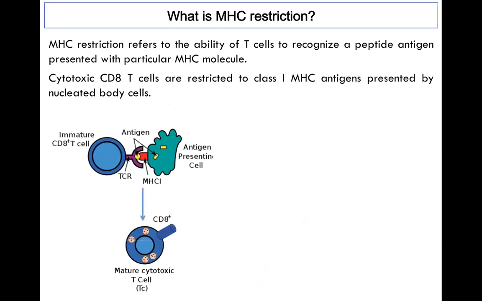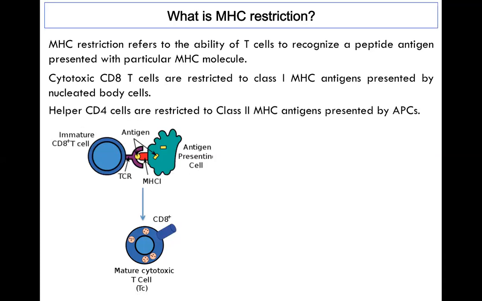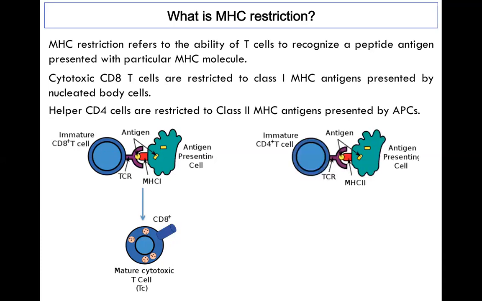That restriction we call MHC restriction. So MHC is defining them. While helper CD4 cells are restricted to class 2 MHC antigen presented by the APC molecule.